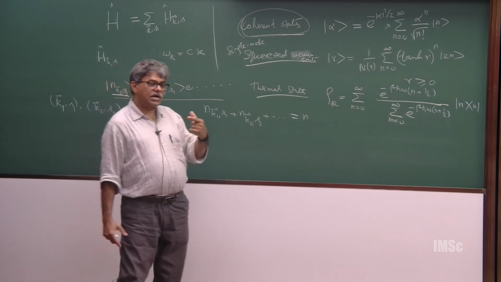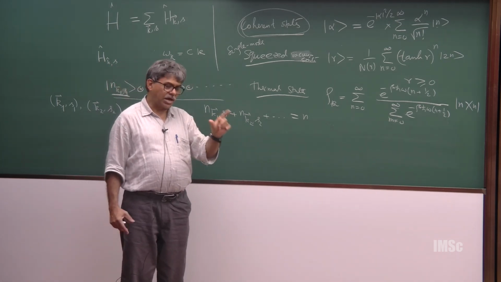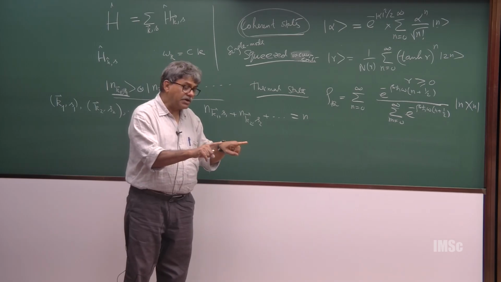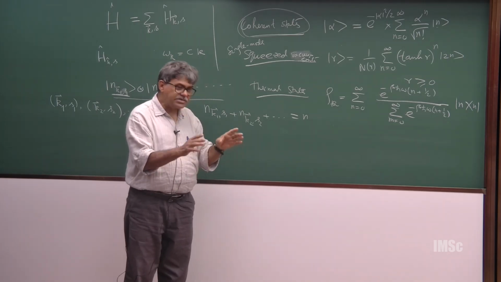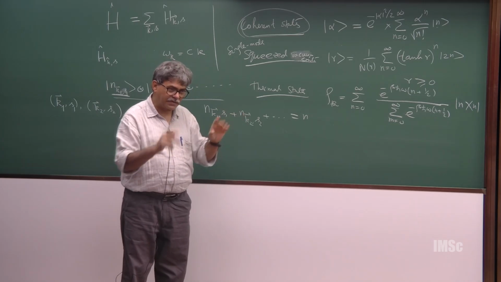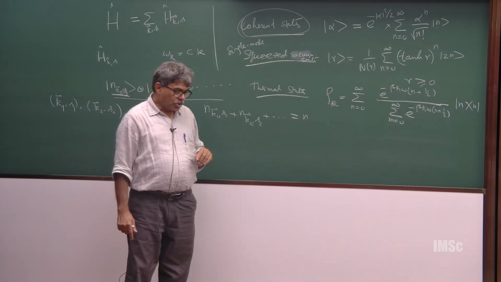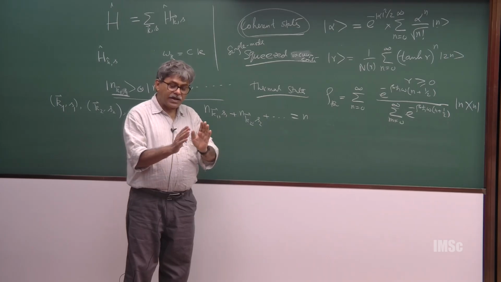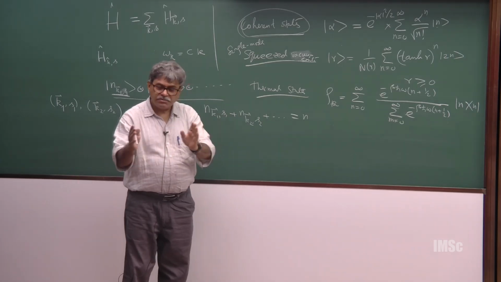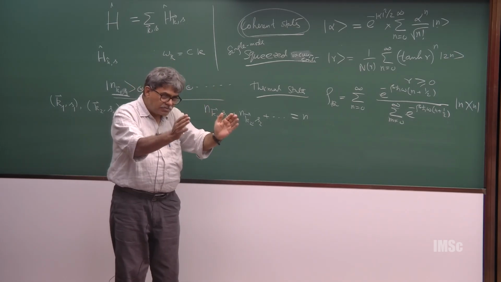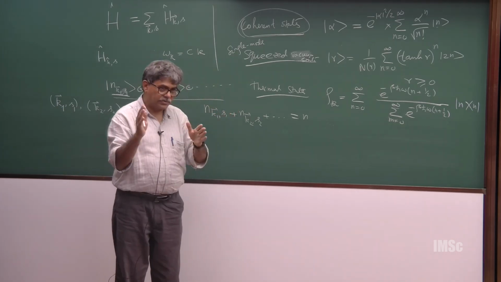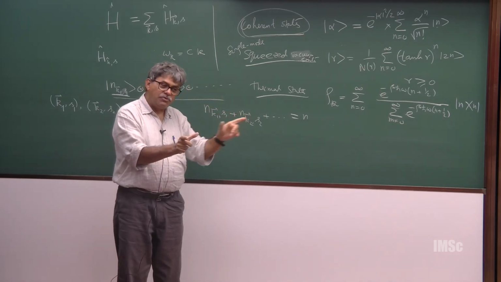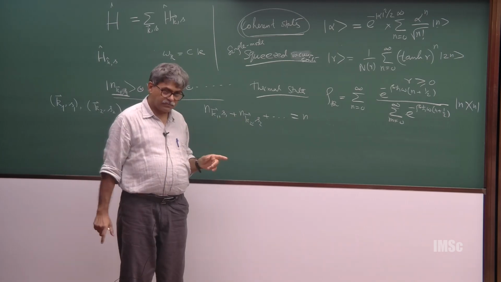I can also measure the uncertainty in its momentum, the canonically conjugate quadrature. If I take the product, it should satisfy the Heisenberg uncertainty relation. A coherent state is such that it minimizes this uncertainty product. That means the product of the uncertainties is the minimum value. Not only that, the individual uncertainties are the same.